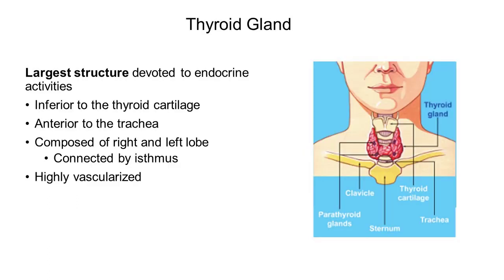Okay, let's get to our next endocrine organ, the thyroid gland. Does everybody know where the thyroid is? Yes. It's up here in your neck. Basically, it's inferior to the thyroid cartilage. It's part of the pharynx in that region, anterior to the trachea. You have two lobes of the thyroid, and often you have this tissue that crosses across the middle. It's called the isthmus.